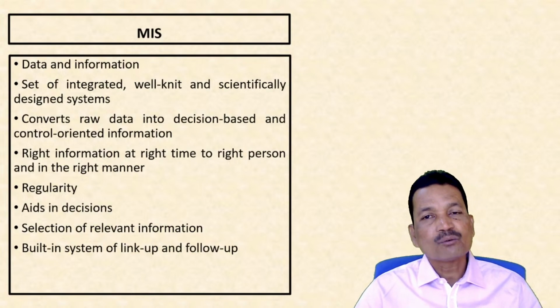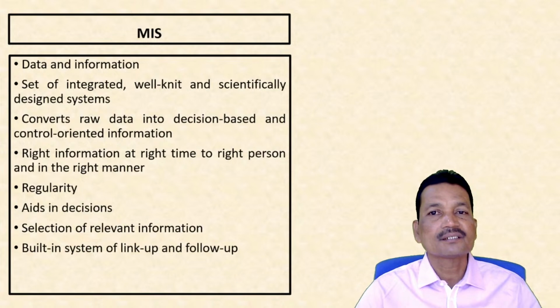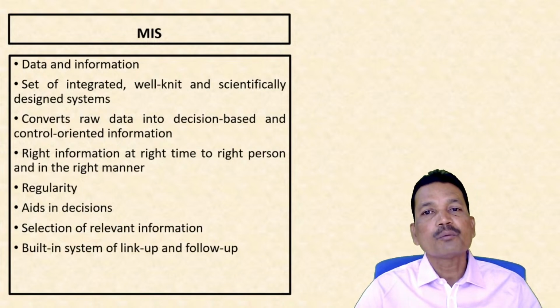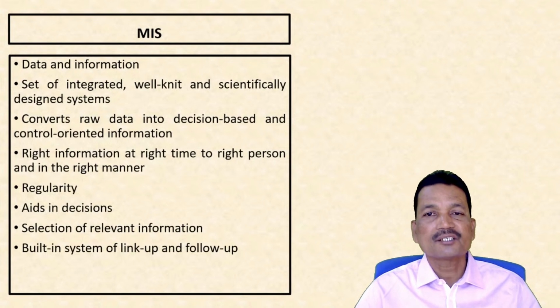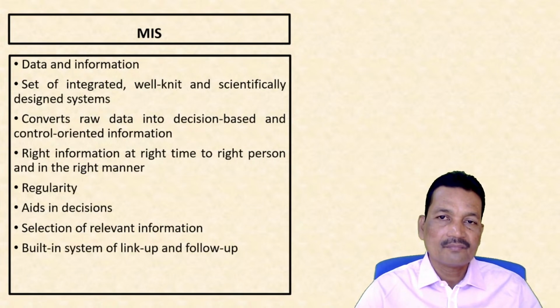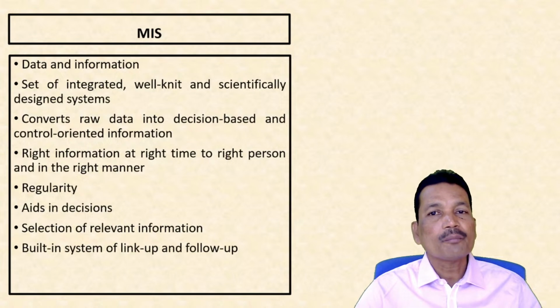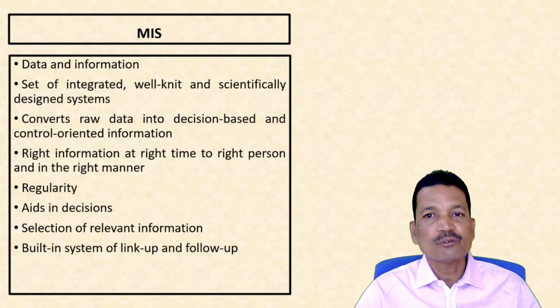So what will the top management do? It will try to segregate the relevant things to answer their questions: how much the overall sales of the organization are, or how much they have jumped as compared to last year. So the top management will only take the overall sales figure of all the divisions and combine it, and that will be the information for their decision making.